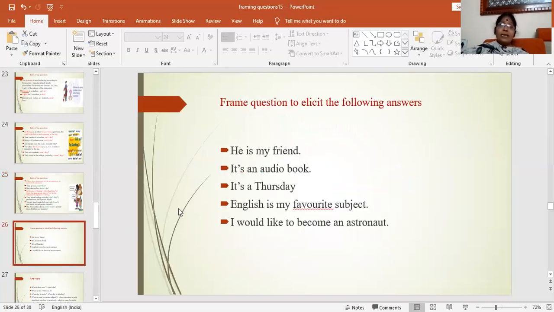Now, let us try to frame some questions. Frame questions to elicit the following answers. The answer that they have given is, he is my friend. What will be your question? Just think over. It is an audio book. What will be your question?